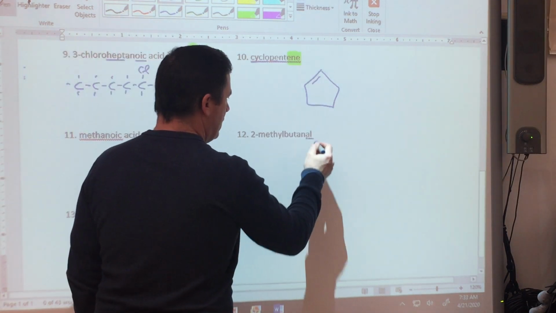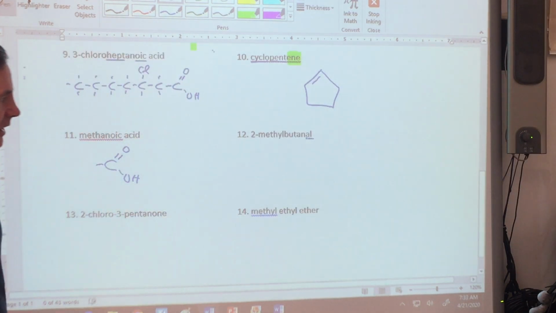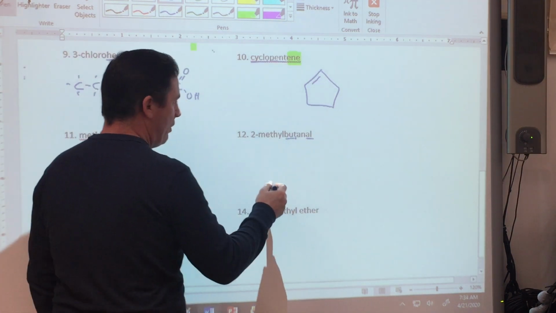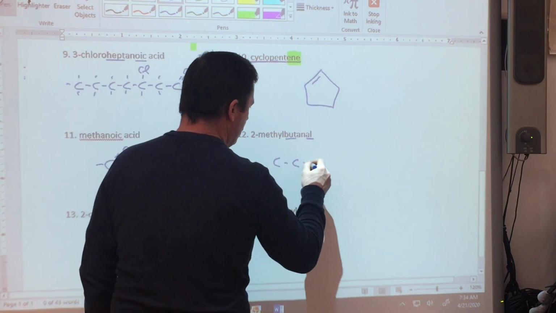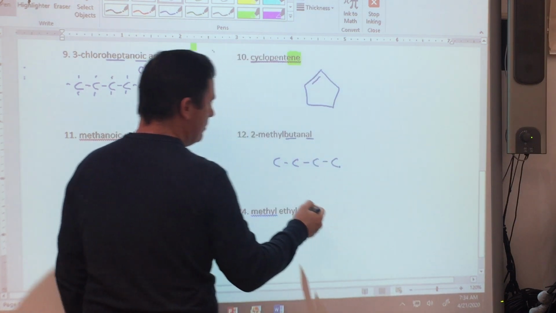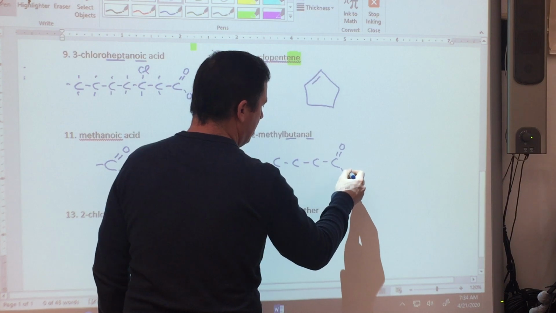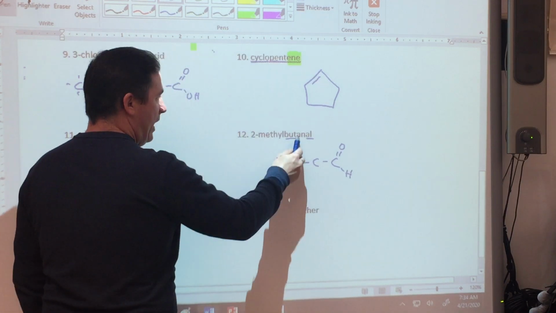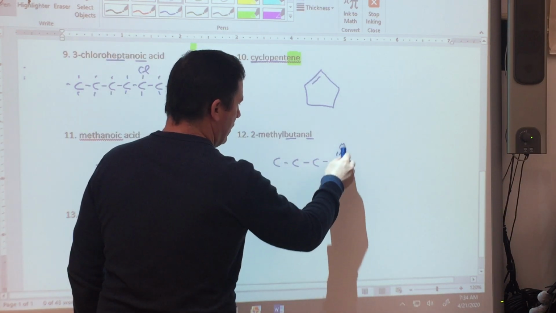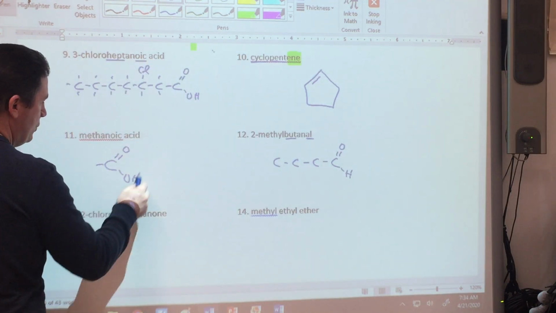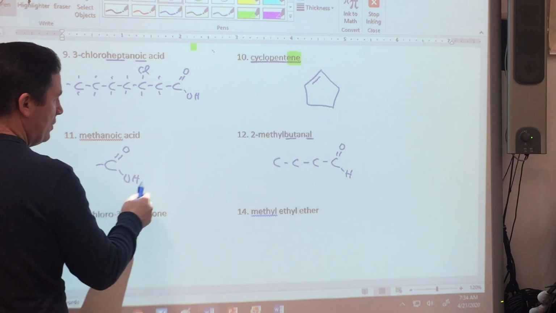Number 12, 2-methylbutanal. The al tells me it's going to have an aldehyde group at the end. The but tells me that there are 4 carbons: 1, 2, 3, 4, and then the al group is going to be at the end. The aldehydes have a carbonyl group and then just a hydrogen, compared to the carboxylic acid, which looks similar.